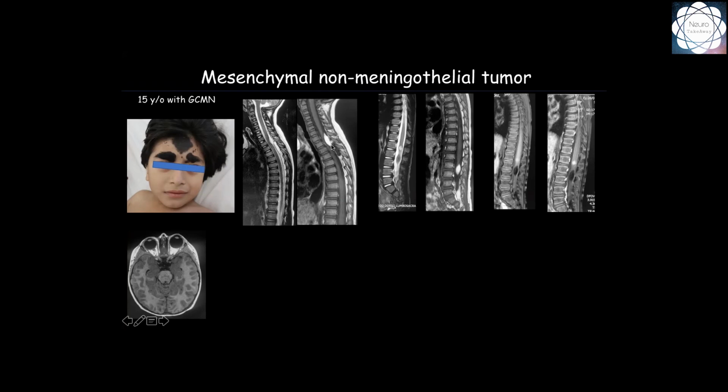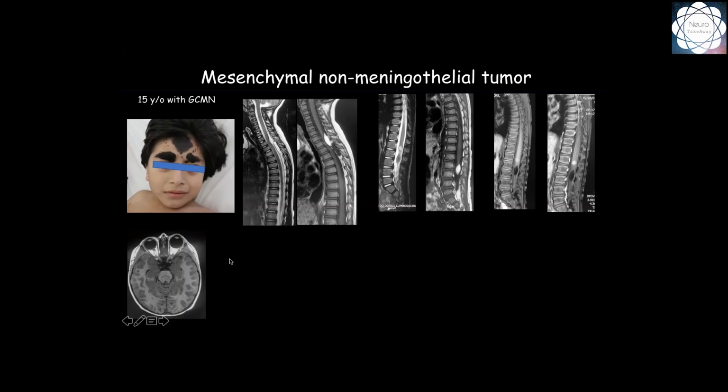There was some arachnoid cyst, but what caught our attention was this expansile lesion at the conus, hyperintense on T2 and relatively hyperintense on T1 with some enhancement. And we interpreted this as a potential melanoma.